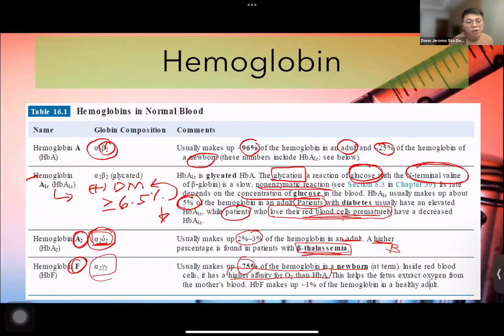That is beneficial for them so that the maternal RBC containing hemoglobin A, when it reaches the placenta and encounters on the fetal side the fetal hemoglobin, which has a higher affinity for oxygen, anong tendency? The oxygen from the maternal side will then transfer to the fetal side. Okay? Kasi hindi pa naman sila nakakahinga on their own, no? So they depend on the oxygen from the maternal side.